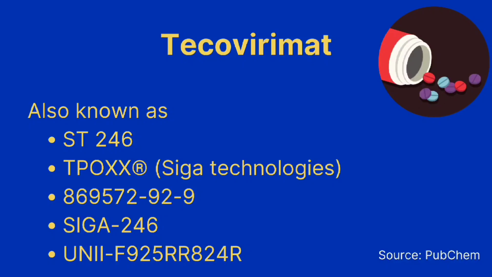So there is a drug called tecovirimat, which is also known as ST246, which has been produced by the company SIGA Technologies. This is an antiviral therapeutic drug that works against orthopox viruses such as monkeypox and smallpox.